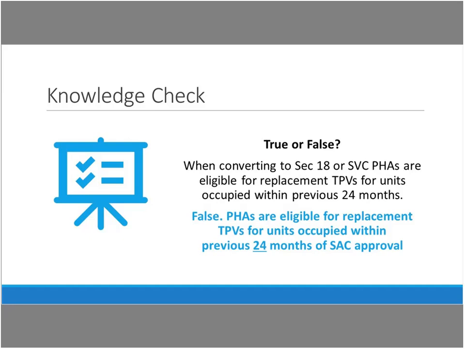I think there's a typo in the slide. It is 24 months. I think that the answer was meant to, or the question was to have said 12 months. So you are eligible for tenant protection vouchers for units occupied within the past 24 months.